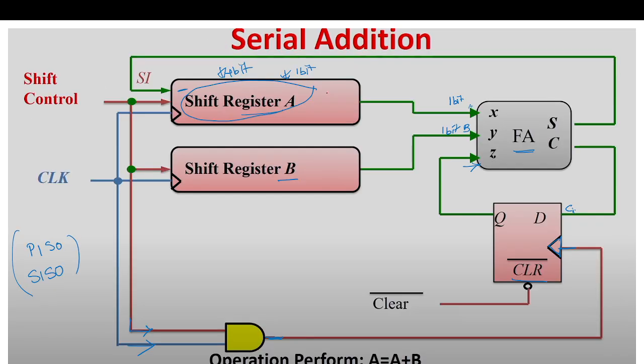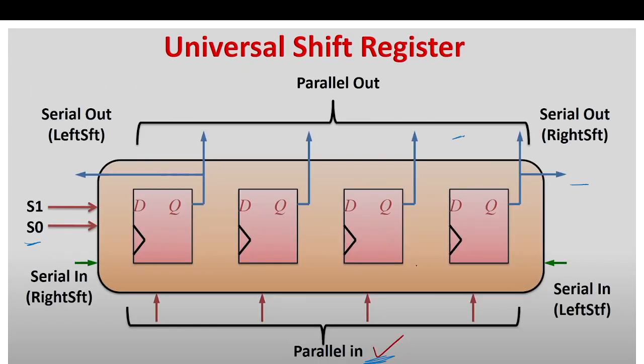Why D? The question is why D flip flop alone? Because D is the data flip flop, which gives the output the same as the input after one clock cycle. That is the shifting operation. If the D, the next state, is 0, it gives 0 after one clock cycle. If 1, it gives 1 after one clock cycle.